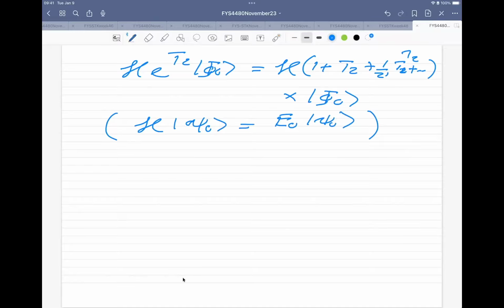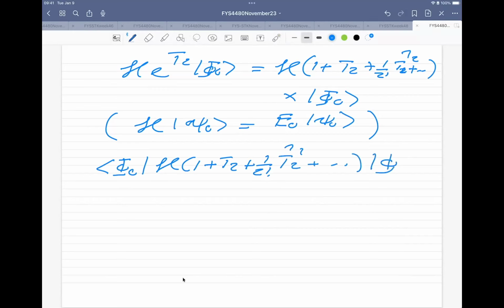Now, here we're going to do exactly the same. And what we obtained last week was that when we did this multiplication, when we had phi 0, which would correspond to the first row, and then we had 1 plus T2 plus 1/2 T2 squared, etc., then we found that this is equal to phi 0 of h of phi 0.